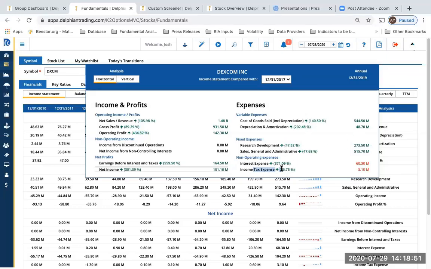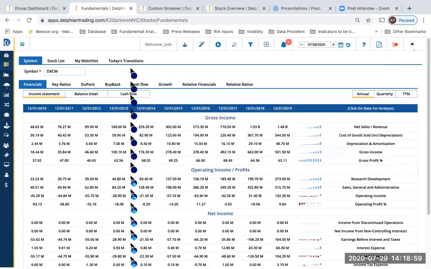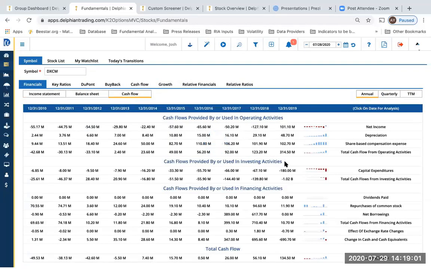And they are paying income taxes. Probably not a good thing for a shareholder, but good for the government. When you go up to the cash flow analysis, are they generating free cash flow? Yes, the answer is yes.